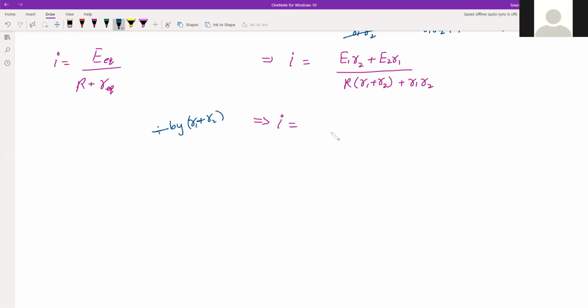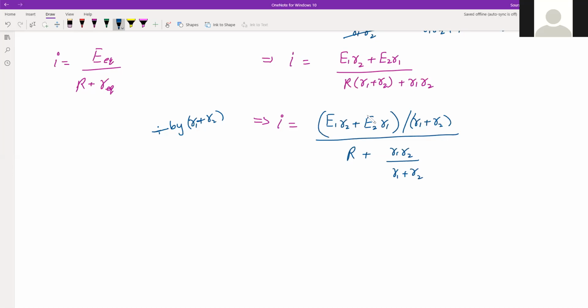So that is equal to (E1 R2 plus E2 R1) divided by (R1 plus R2), this whole thing divided by R plus R1 R2 divided by (R1 plus R2).